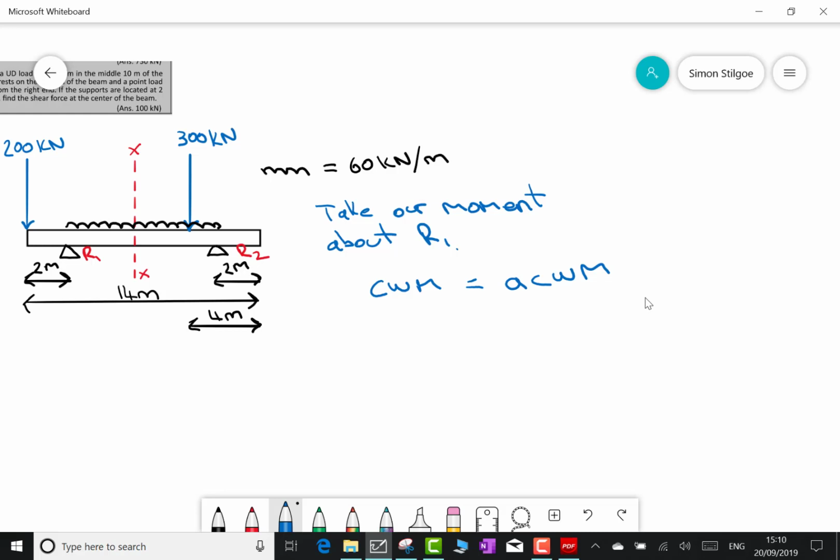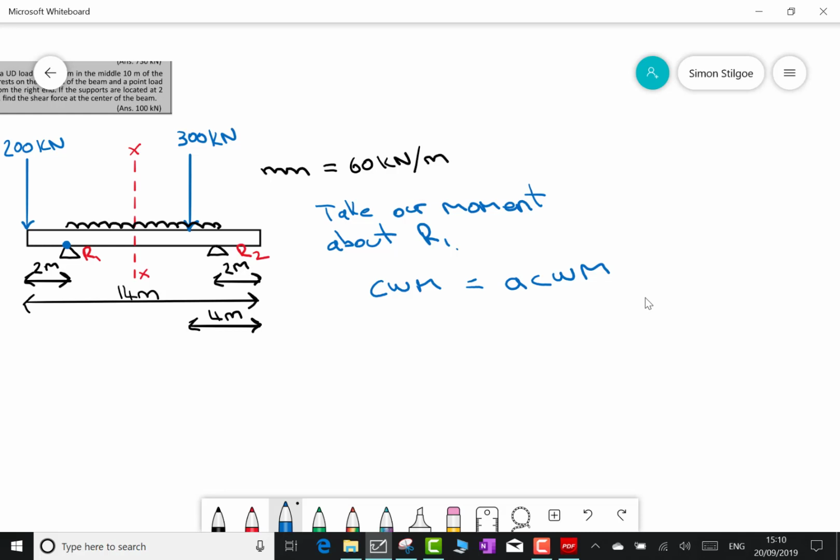My fulcrum is going to be here at R1, and fulcrum is just a fancy word for the pivot point. From R1, I want to pick up all my forces that are going clockwise.